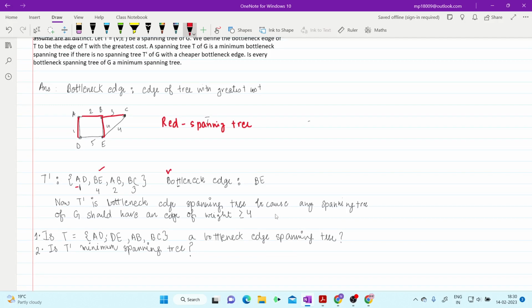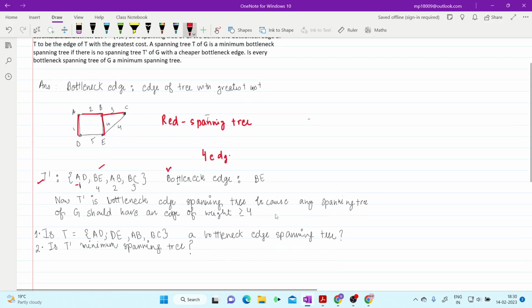Any spanning tree of this graph G will have 4 edges, and since 2 of these edges have weight 4 and one edge has weight 5, any spanning tree will have either an edge of weight 4 or weight 5. So T prime is indeed a bottleneck edge spanning tree.